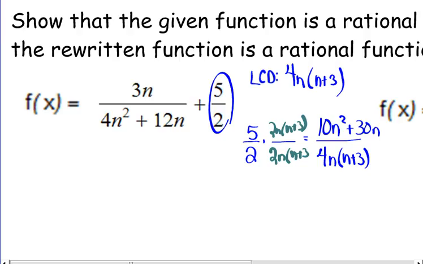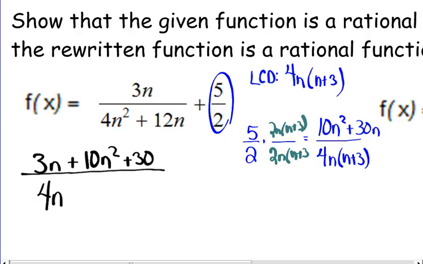So what I actually have now is going to be 3n over, plus my new numerators, 10n squared plus 30n, okay, over my least common denominator. And you know what? I'm going to write this least common denominator in factored form. That's what I'm going to do.